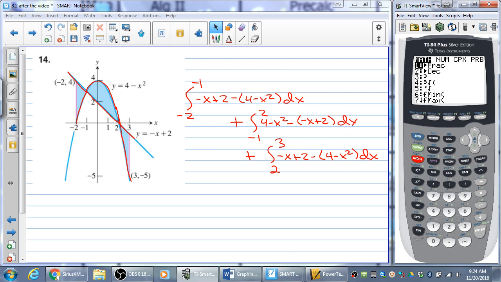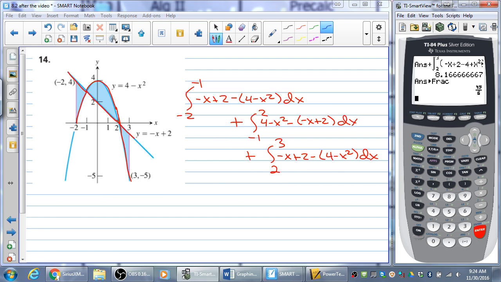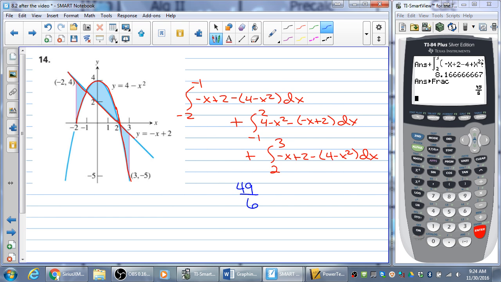And we'll go math, change it to a fraction, 49/6. That change into a fraction is the first thing under the math menu.